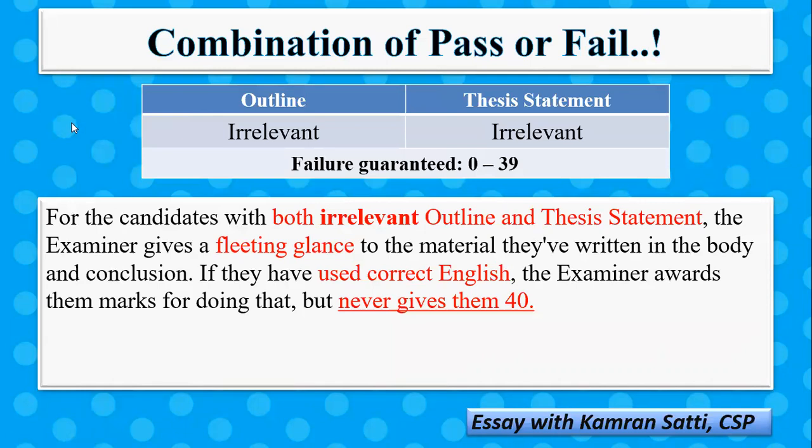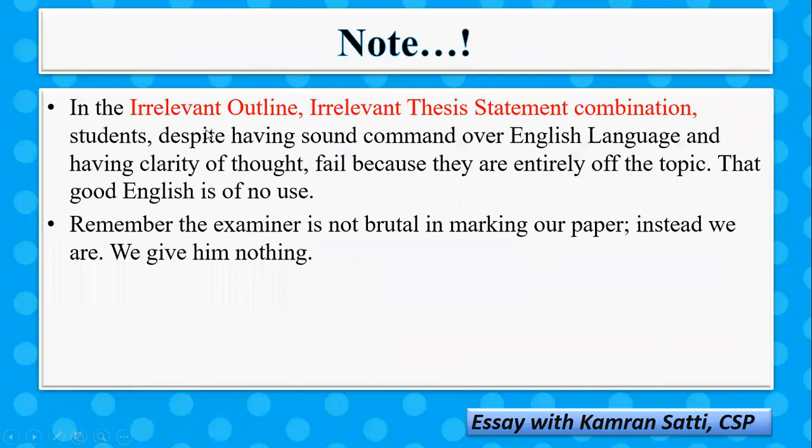Don't just jump on a topic immediately. Try to brainstorm, and this will make you realize whether you can write something relevant on this topic or not. So this also highlights the importance of the outline and thesis statement, and the importance of writing a relevant outline and thesis statement. Moving on. This is just the same thing which I have talked about.